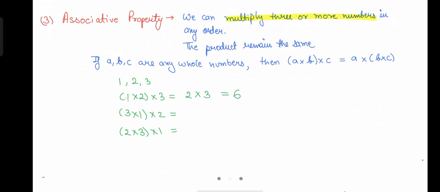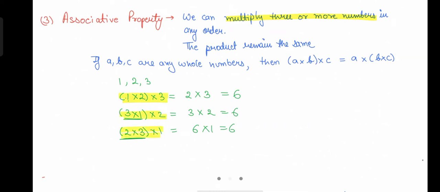What happens in the next scenario? 3 multiplied by 1 is 3, and then 3 multiplied by 2 is again 6. What happens in the next scenario? 2 multiplied by 3 first is 6, and then 6 multiplied by 1 is also 6. So you see, in the case of multiplication, no matter what your order is for whole numbers, you will always get the same answer.